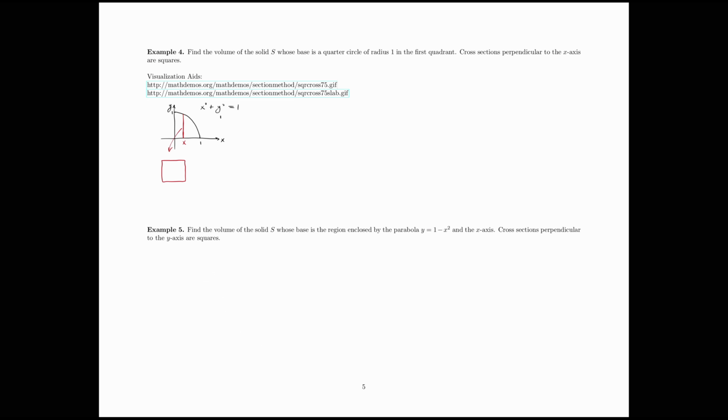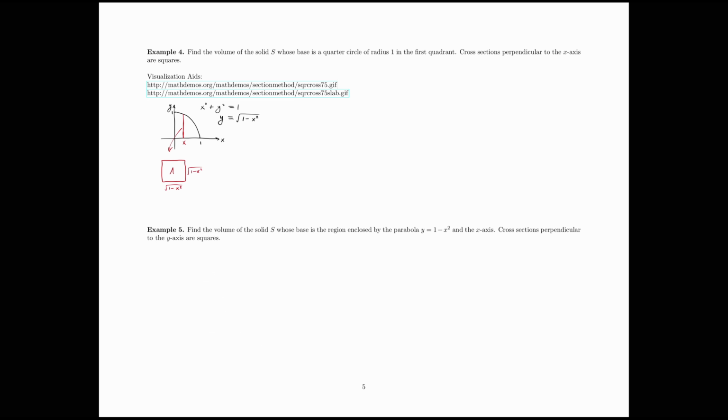So we'd solve this for y, and this would be technically plus or minus the square root of 1 minus x squared. But since we're doing not the full unit circle, but just the top half, we would want the positive root because we are looking at a portion of the top semicircle. So this square has a side length of the square root of 1 minus x squared.